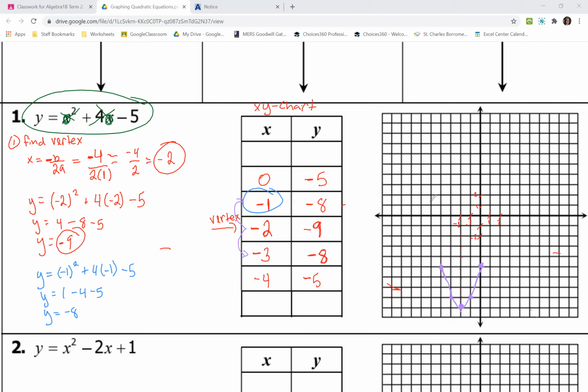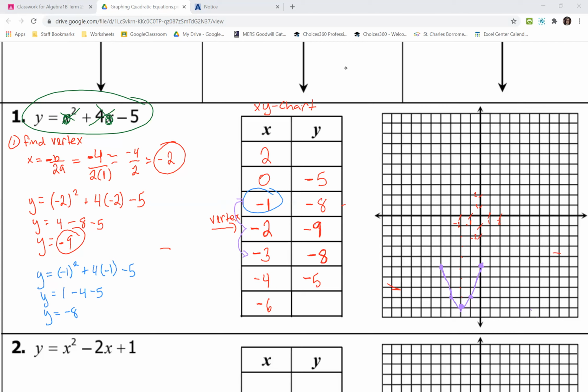So let's go ahead and do another point. Maybe this time I'll do 2 steps away. So 0 to 2, and then negative 4 to negative 6. I want to make sure that they're the same steps away so that I can use that cool axis of symmetry rule where everything's going to be identical.